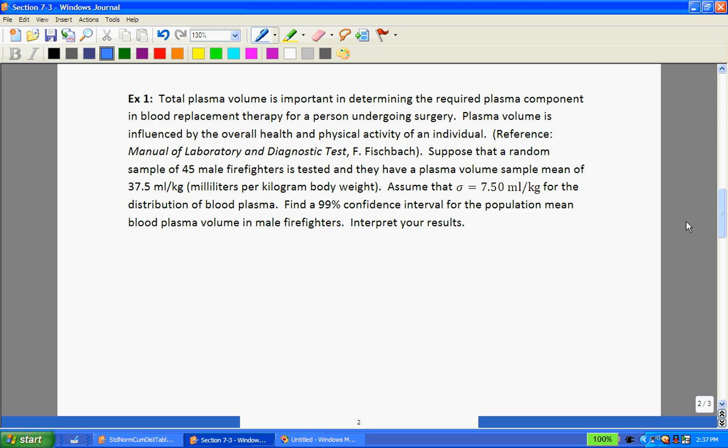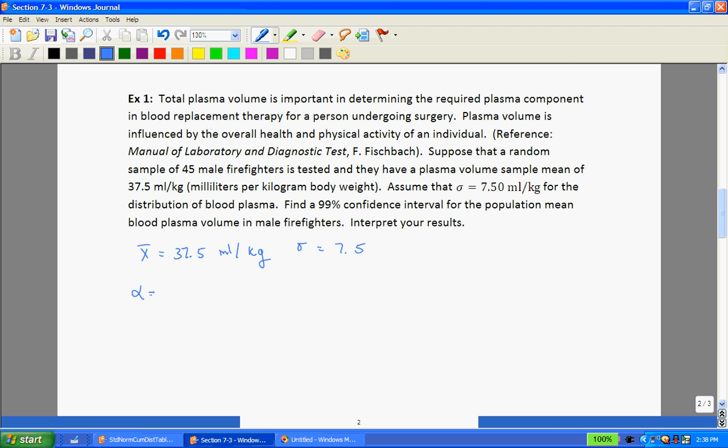Interpret your results. Again, I like to write down the information that we already know. We do have a sample mean, which is 37.5. And we also know the standard deviation sigma, which they told us was 7.5. First, we want to worry about alpha.